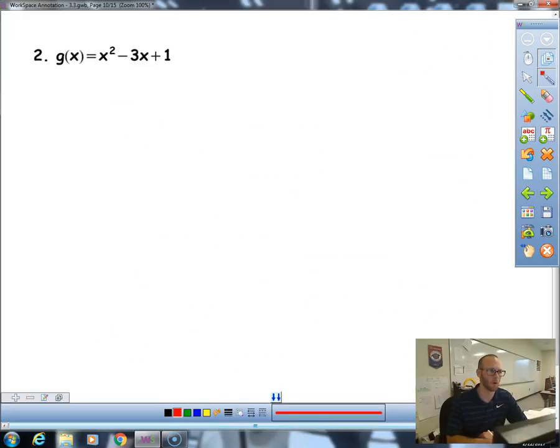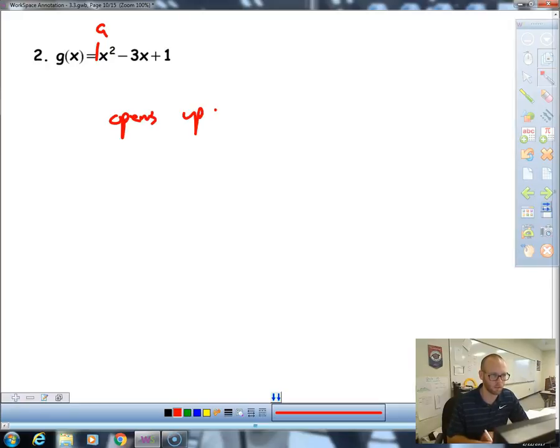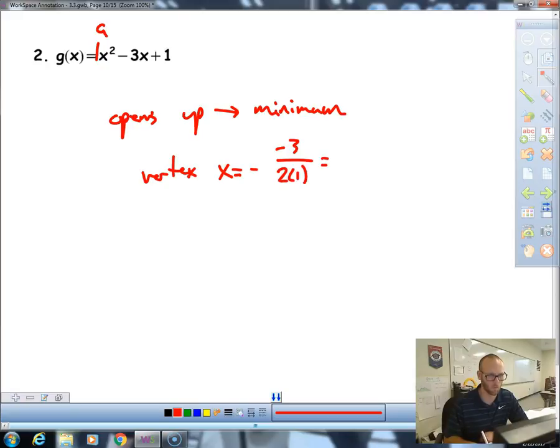All right, shall we do one more? Does this function open up or down? Leading coefficient, our a is 1. Opens up. Tells us we have a minimum. Let's find it. Vertex, x equals negative b over 2a. Positive 3/2.